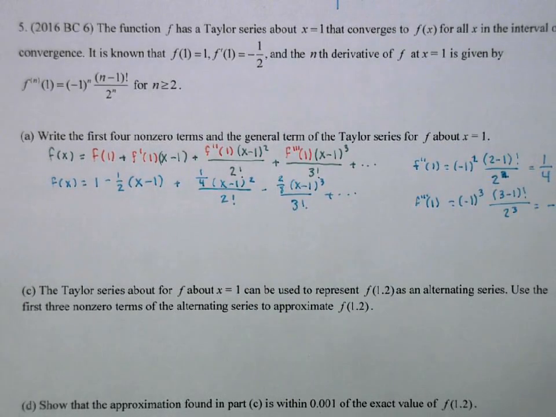We're good here as far as the first 4 terms, but in order to come up with a general term, it may be helpful to simplify things down a little bit.